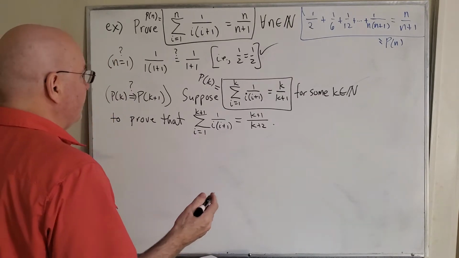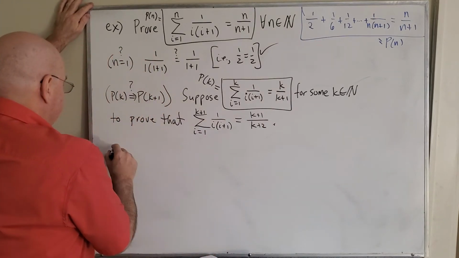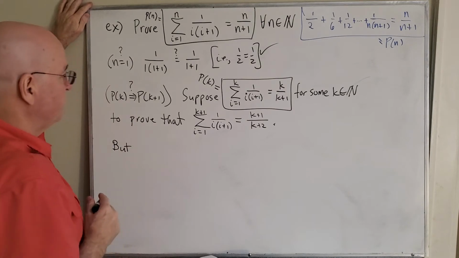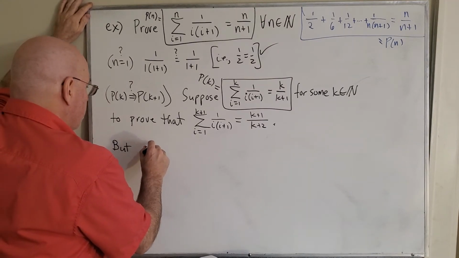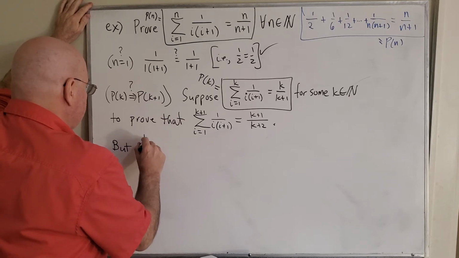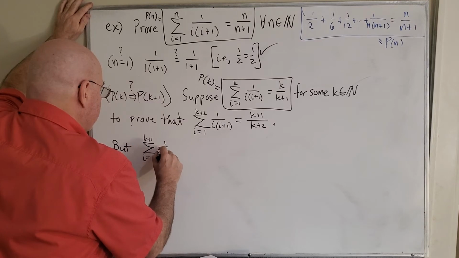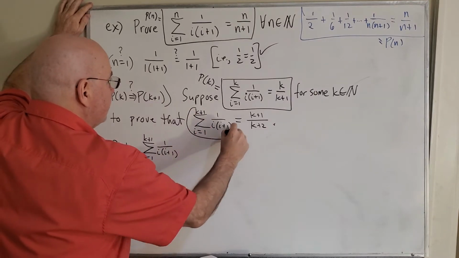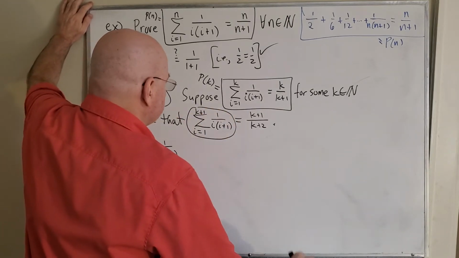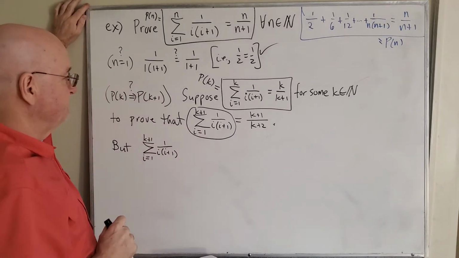So let's go ahead and say now that the sum from i equals 1 to k plus 1 of 1 over i times i plus 1, this left-hand side, we have to prove is equal to that.